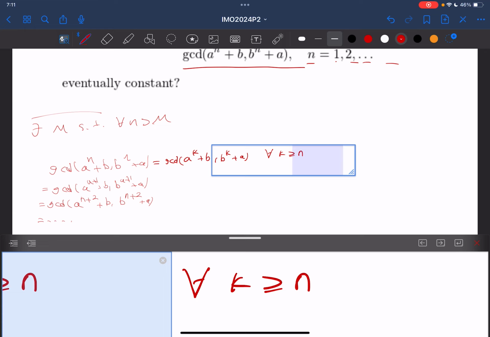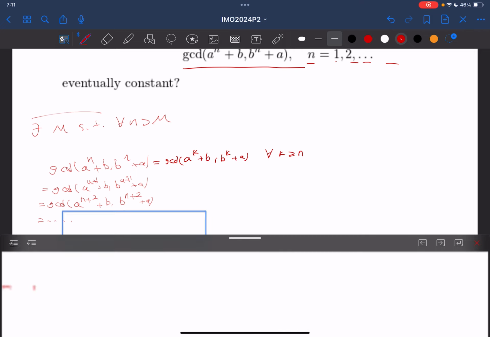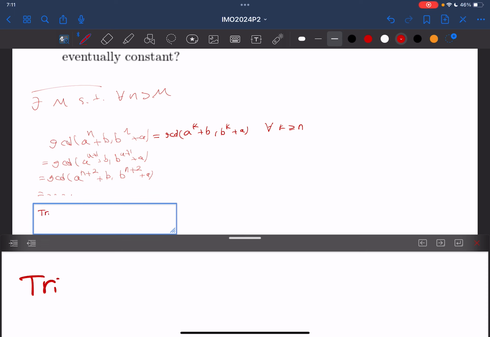Obviously this doesn't have to be true for all pairs of a and b, and the question is asking us to find all the pairs such that this is true. There is a trivial case here.